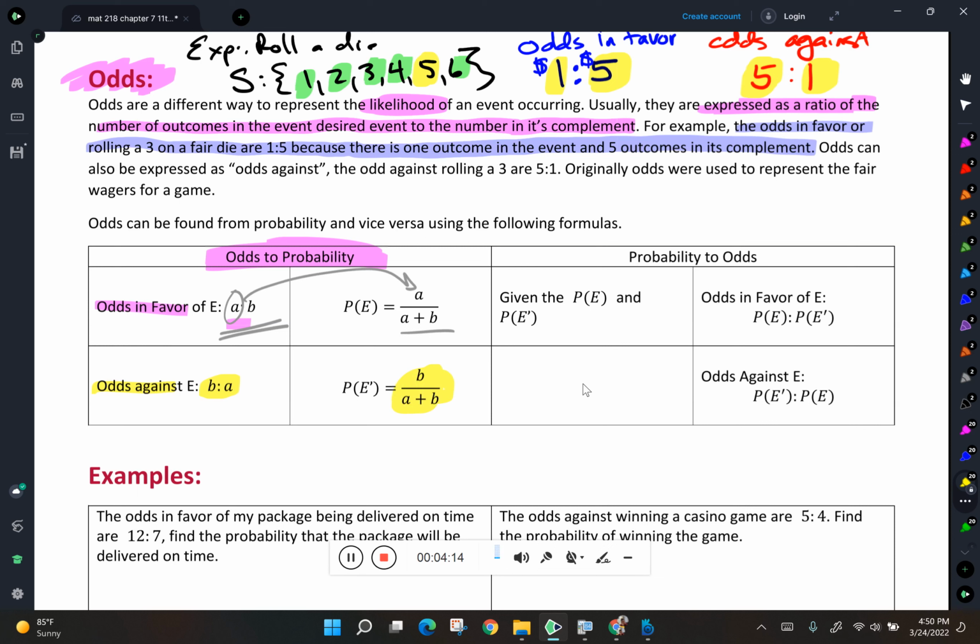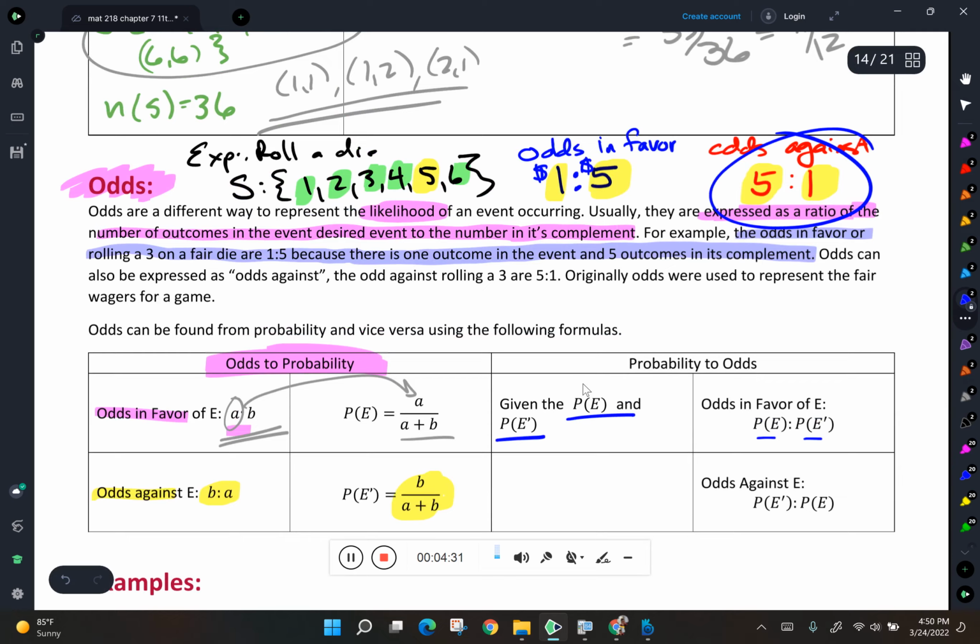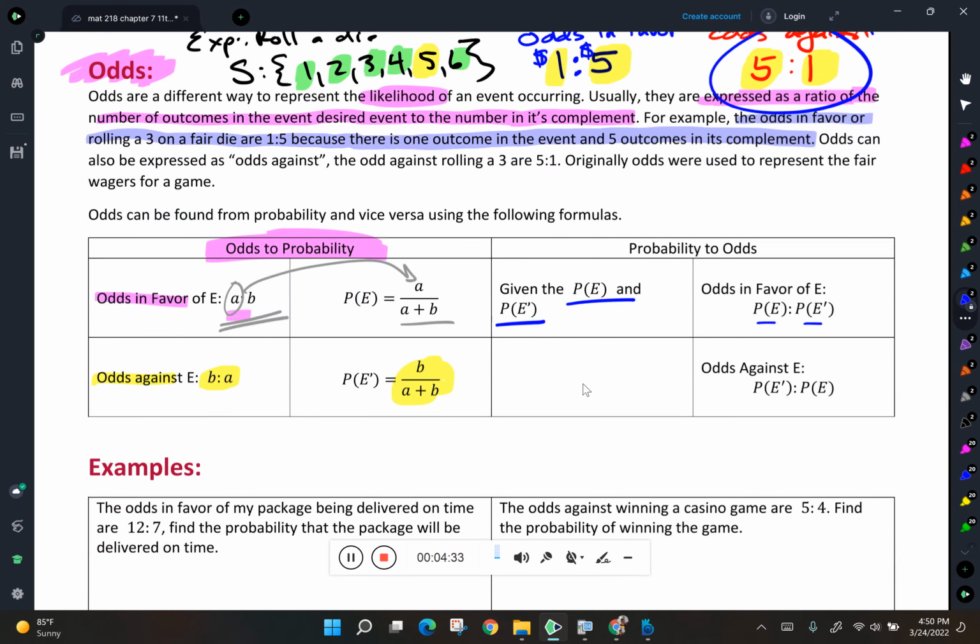Okay? If someone gives you the probability of an event and the probability of its complement, you can turn those into odds by making a ratio of those two probabilities. What we usually do, though, is when we make that ratio, then we simplify it down so it looks something like one of these. What I mean by that is, if someone told you that the probability of an event, I'm going to keep it real simple here, was 1/3, so then the probability of its complement would be 2/3, so then the odds in favor wouldn't say 1/3 to 2/3.